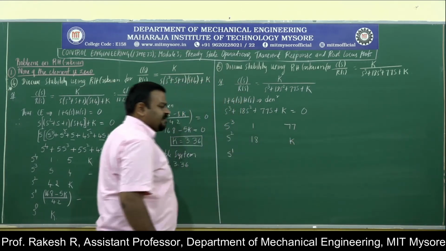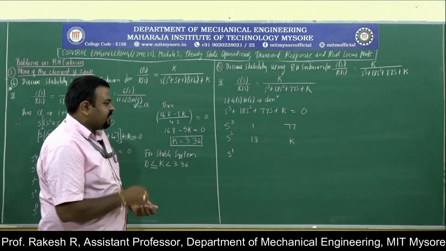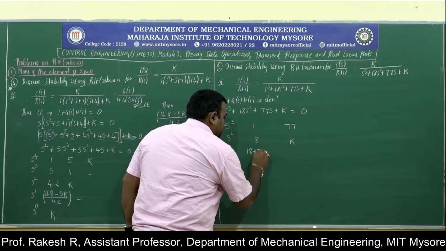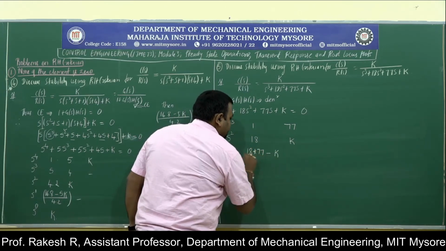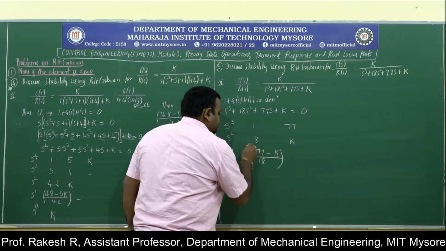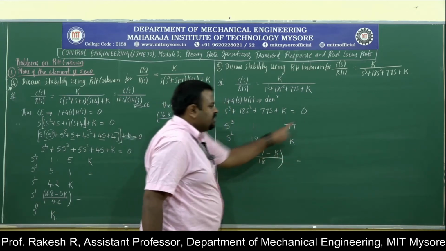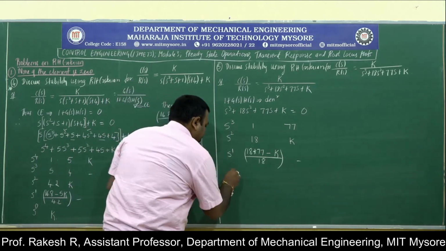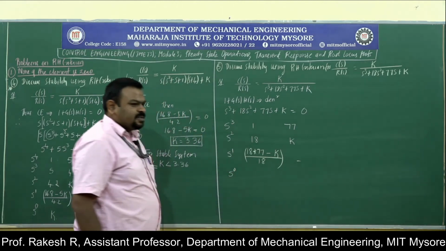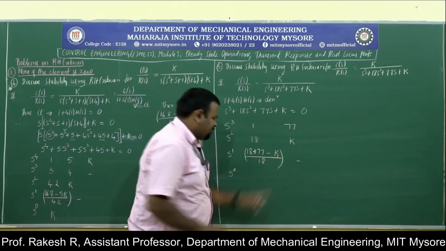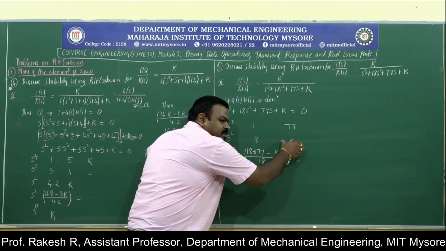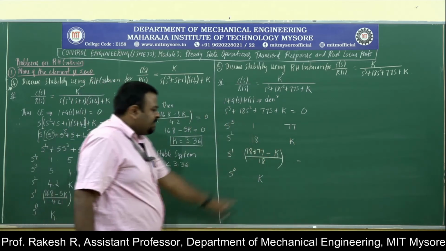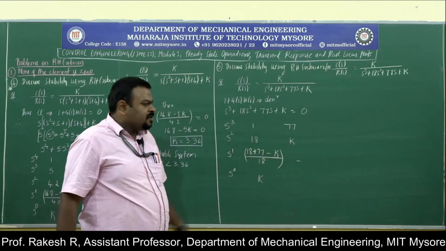So what is the s to the power of 1 term here? For the s to the power of 1 term, multiply this: 18 into 77 minus k, divided by 18. And this term is 0 because there is no term here. Then the last one, s to the power of 0. For s to the power of 0, directly you can write this term, because this into this divided by this will get cancelled, you will get k only, provided this term is not 0.